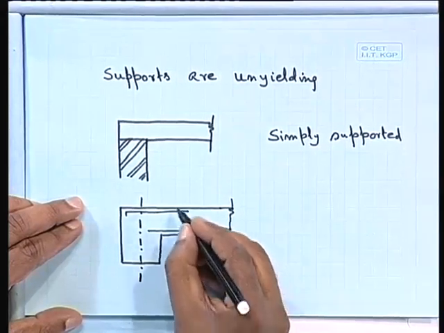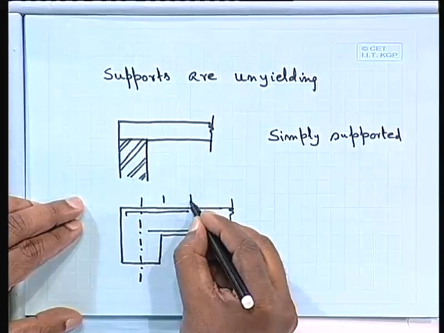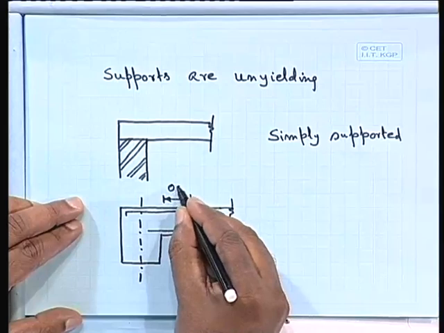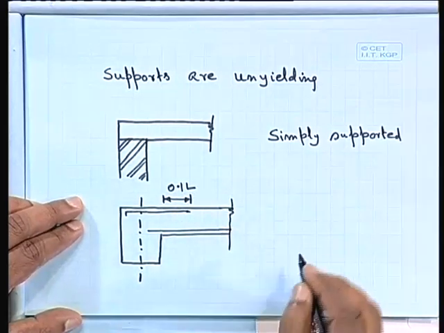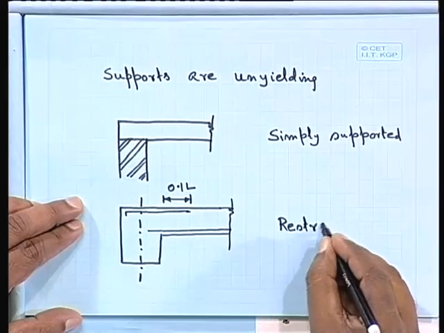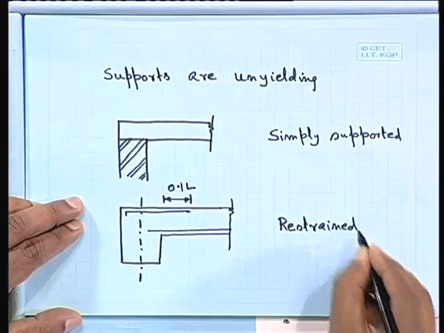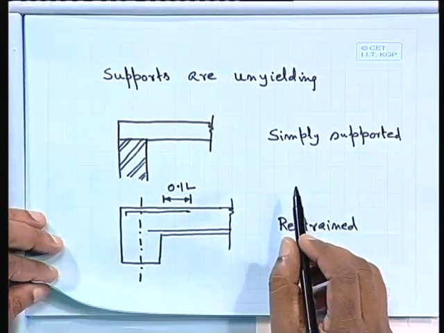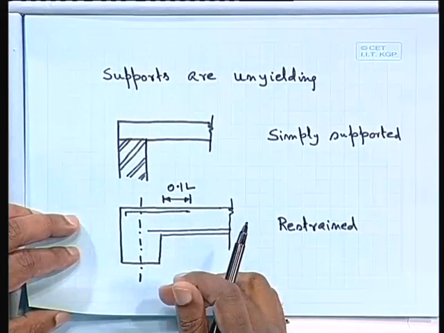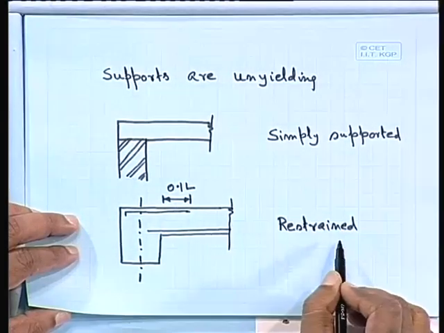Generally it happens, the reinforcement length is 0.1 L, and this is restrained. So, one case is simply supported, but we are talking about all of them, that supports are unyielding, that there will be no deflection of the support. The other example we can say, as if it is not spring mounted, the supports are not spring mounted. So, simply supported, then we can take, say, restrained.